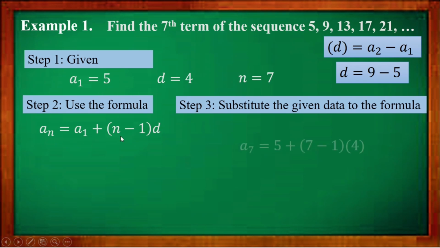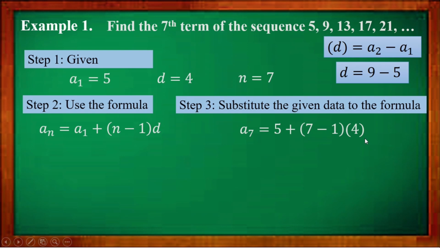That is why we will have a sub 7 equals a sub 1, which is 5, plus n, which is 7, minus 1 times the common difference, which is 4.